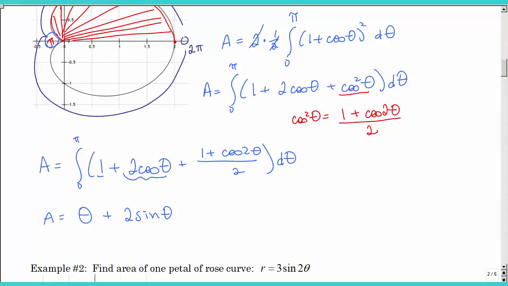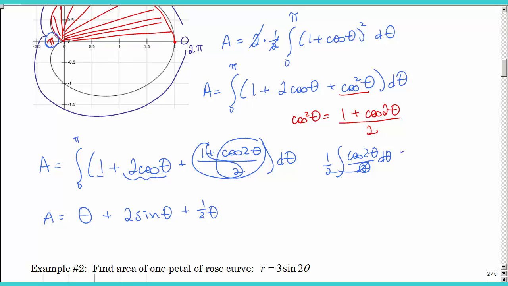Right here, this is the same as 1/2, so I'd have 1/2 theta. This is the same as cosine 2 theta divided by 2. So you need to be careful integrating that, right? You've got this 2 that comes out here as 1/2, and how do you integrate cosine 2 theta?